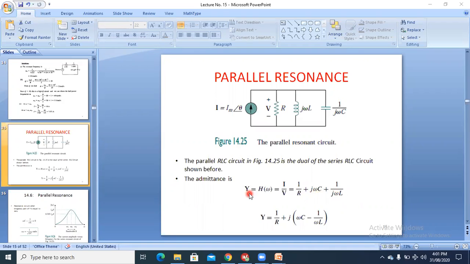In a parallel circuit we take the admittance because it is easy to make the calculations. It is in fact the inverse of what we calculated for series resonance circuits. So the admittance Y is 1 by R plus j times omega C minus 1 by omega L. And omega C minus 1 by omega L is the imaginary part, which is equal to 0.